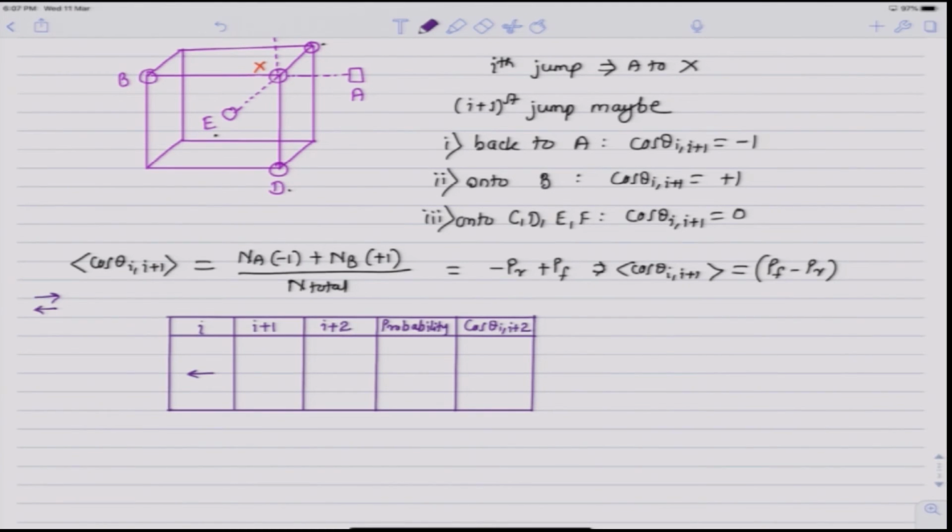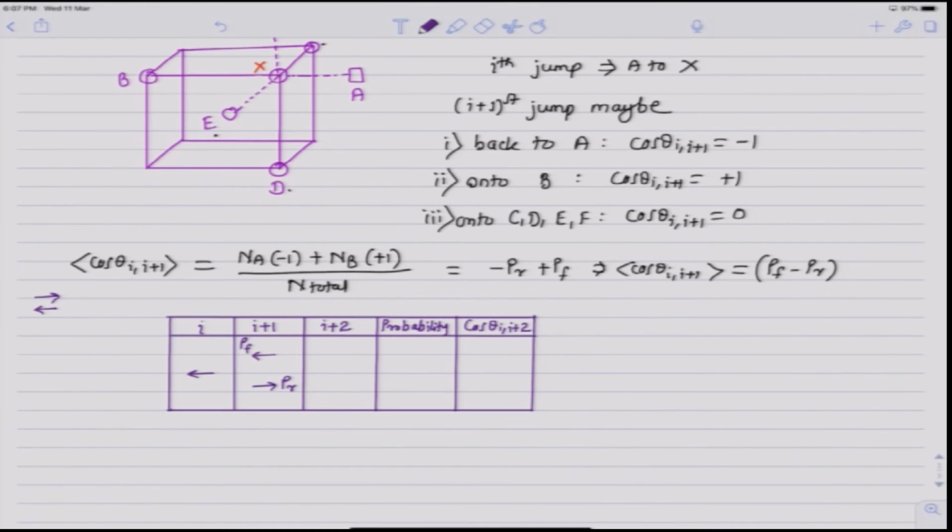Now, the I plus first jump may be a reverse jump or a forward jump. So, if the I plus first jump was from right to left, it would be a forward jump, the probability of which would be PF, and if it was from left to right, it would be a reverse jump, the probability of which would be PR.